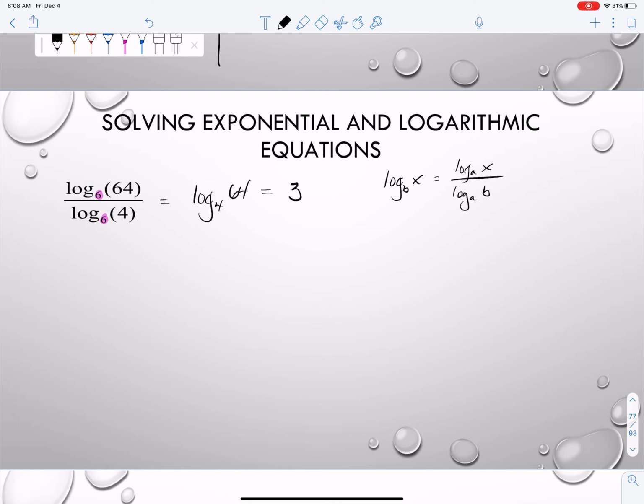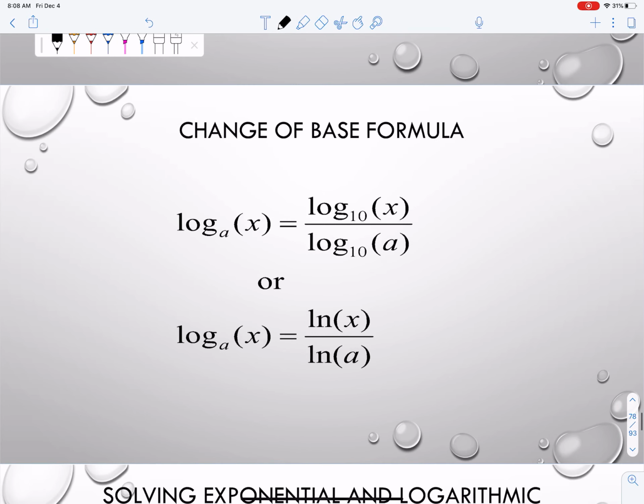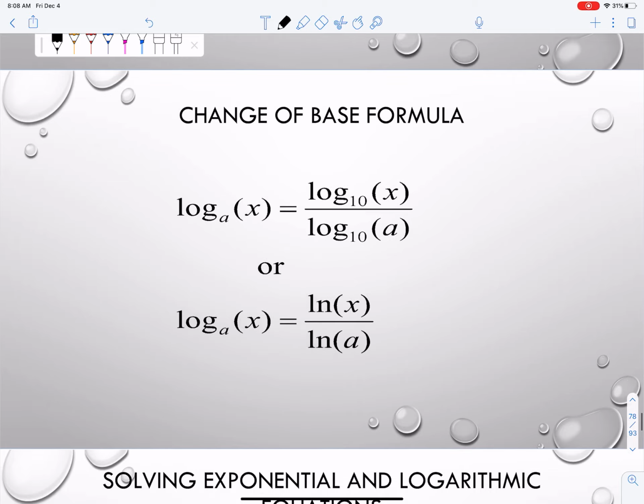So if you have a ratio of logs with the same base, and you can't evaluate either the numerator or the denominator, ask yourself, if you did change the base backwards, based on the quantities inside both of your logs, could you take a log if it was the base of that quantity? It's possible that may be what you need to do. So again, change of base formula, I have it here because of that problem, even though we already talked about it above. So I'm going to keep moving.